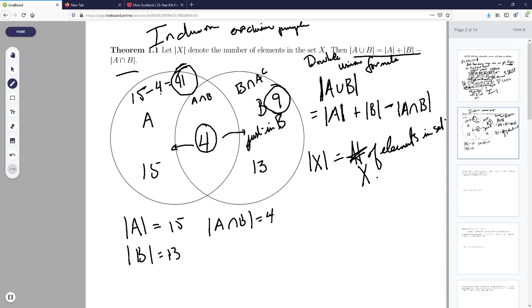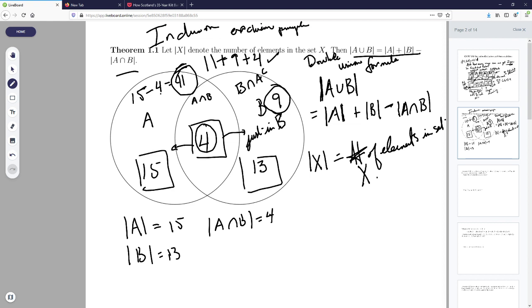Therefore, we can add up these numbers: 11 plus 9 plus 4, and that's definitely the right answer. But let's say that we didn't actually calculate those numbers. What if we just stuck with the original 15, 13, and 4?